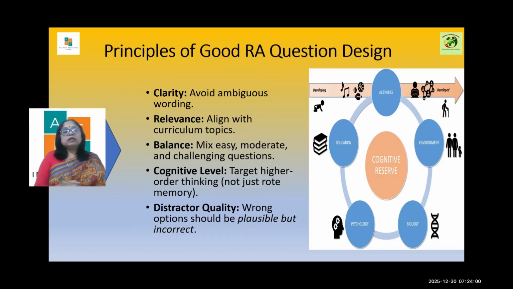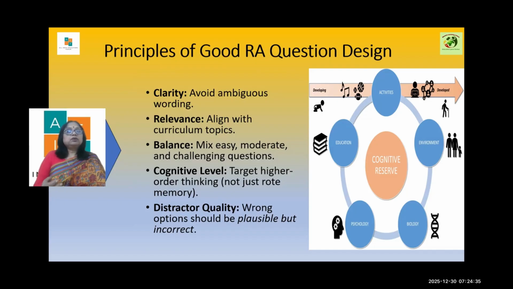Talking about the cognitive level, this type of question should surely target the higher order thinking skills of the child and not just rote memorization. Please take care. There can be certain distractors also, like certain wrong options. Maybe you have framed the question in such a way where the assertion is wrong, quite possible.